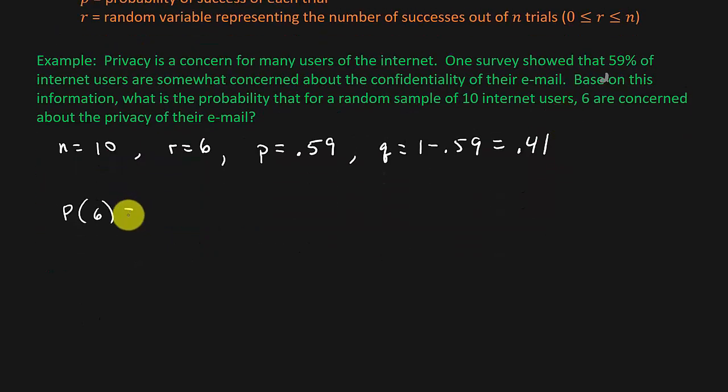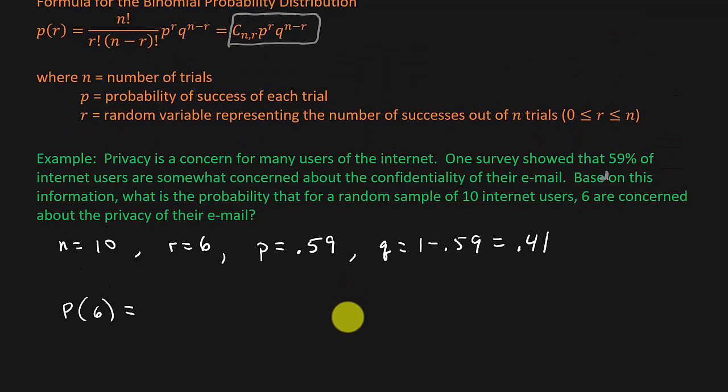All right, so this is equal to, well, look, just plug everything into your formula. So that's combination 10 choose 6 times P raised to the R. So that's 0.59 raised to the R times Q, which is 0.41, raised to the N minus R. So that's 10 minus 6.